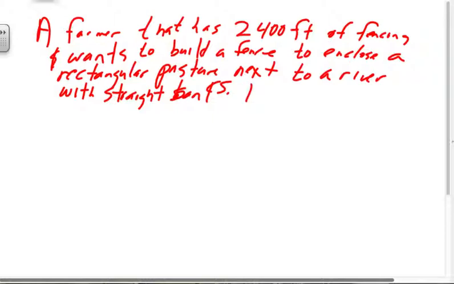Okay, he doesn't need fence along the river.